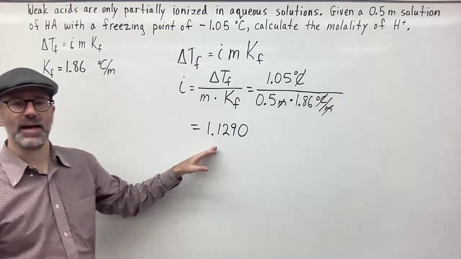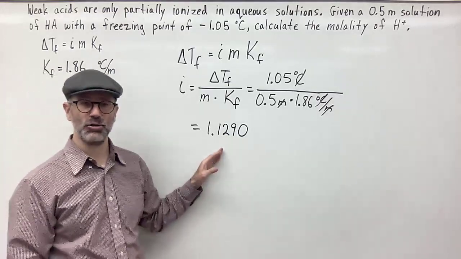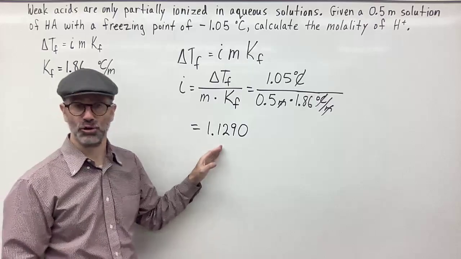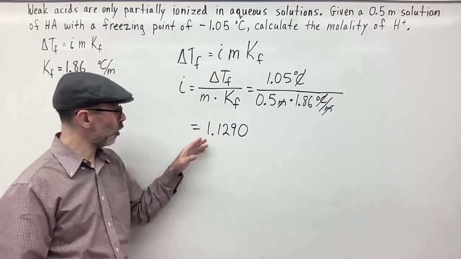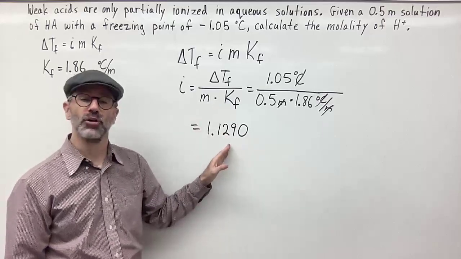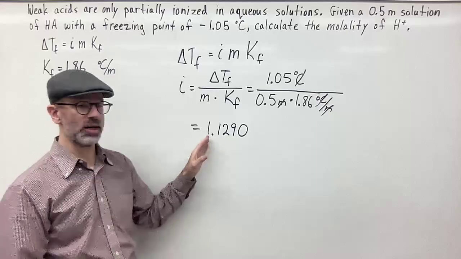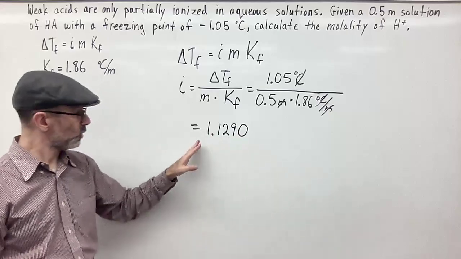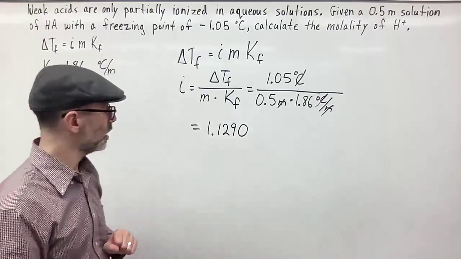It means that for every one of the weak acid molecules that we put into solution, we get out 1.129 particles. So again, as we figured, it would be between 1 and 2. It's a little bit higher than 1, not quite 2.